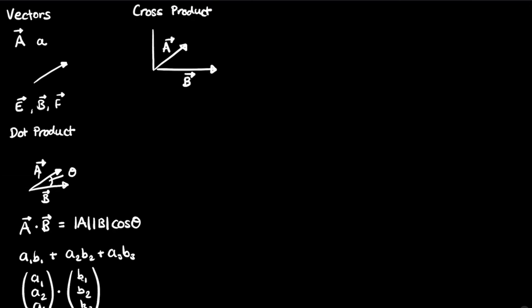So if you imagine there's some kind of plane here where a and b are in the same plane, then this vector here, which is a crossed with b, is going to be normal to this plane right here. So it'll return you a vector in that direction, but what's the magnitude of that vector?